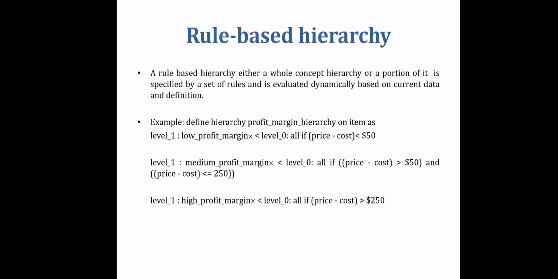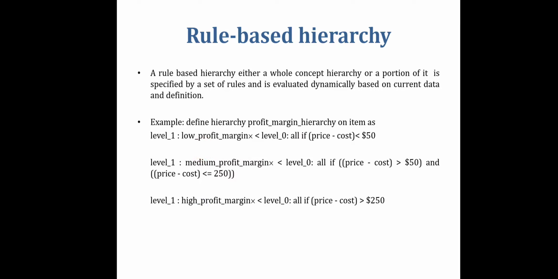Then level 0 covers the case where the price cost is less than $50. So from level 0 we are moving towards level 1, meaning when the price cost is less than $50, you move towards the low profit margin.